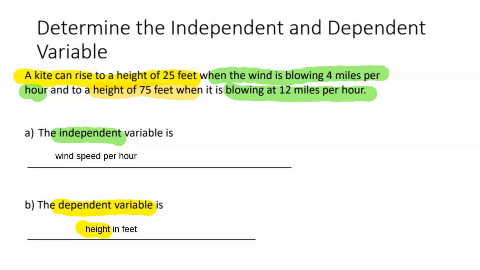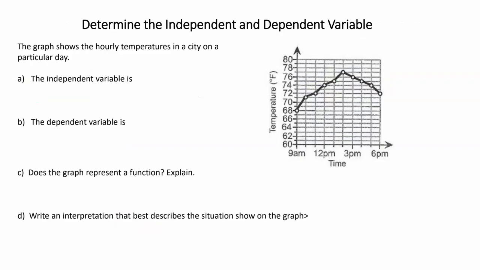Now, we're going to be given another situation, but a little more detail here. And some parts of it, it's already on the graph. It's just trying to figure out, do you know where these parts are found on the graph? Now, it is asking you for the independent and the dependent variable.